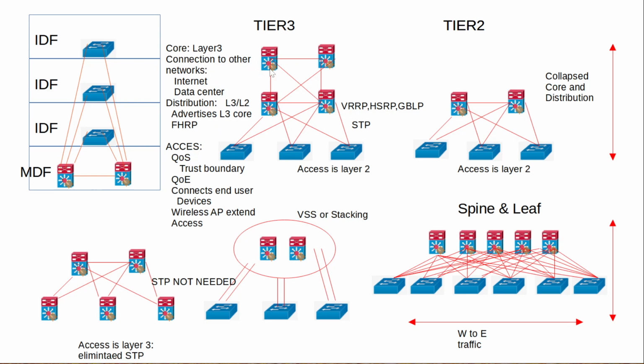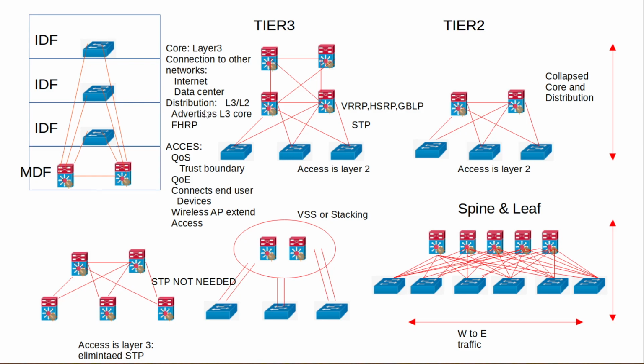The core layer is pure IP. You have routing protocols running here. And the purpose of the core layer is to connect your user networks to other networks, like the internet, or your server networks, like your data center.